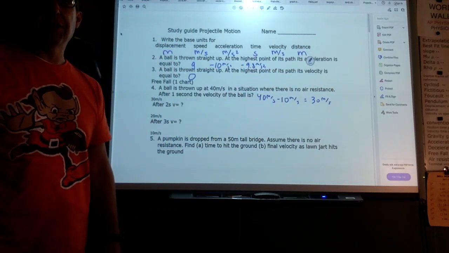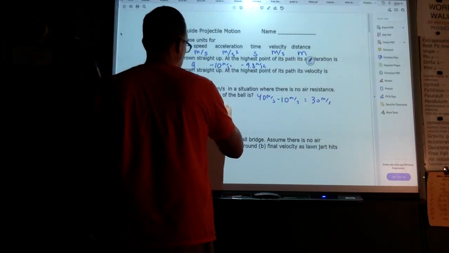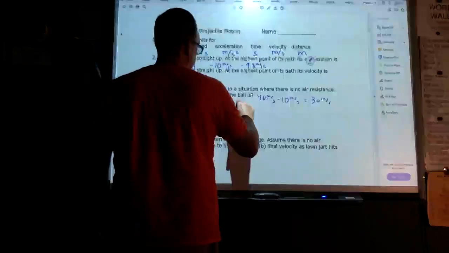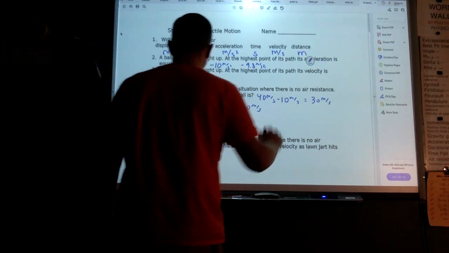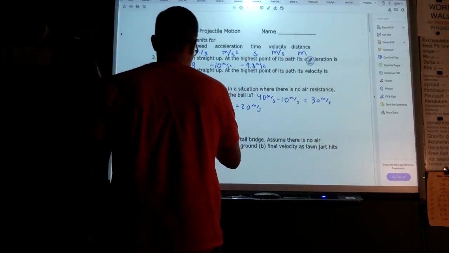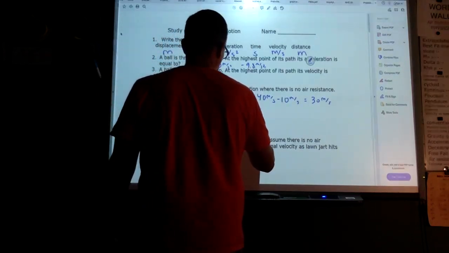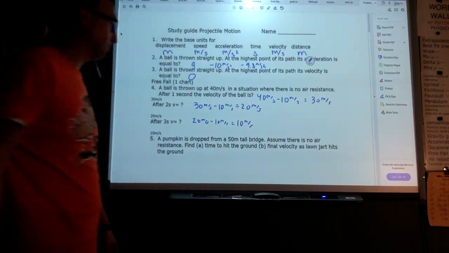After 2 seconds, it would change by another 10, so it's going to be 30 minus 10 or 20. And then after 3 seconds, it would be 20 minus 10 or 10.